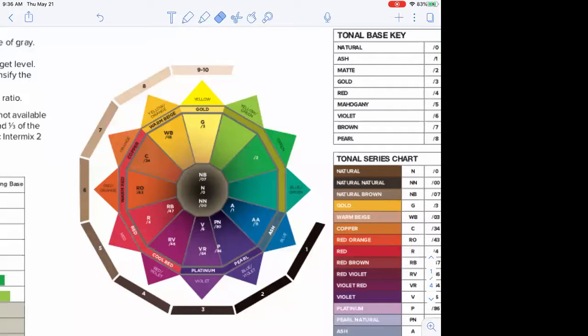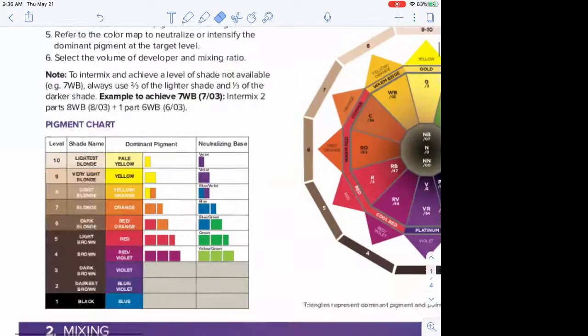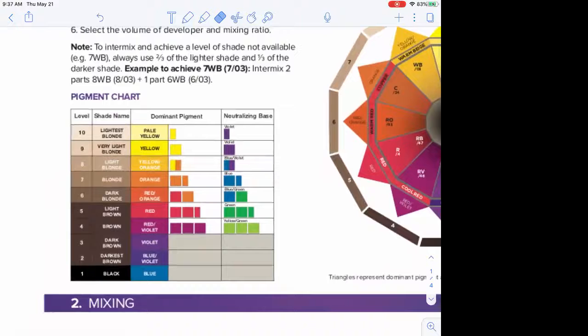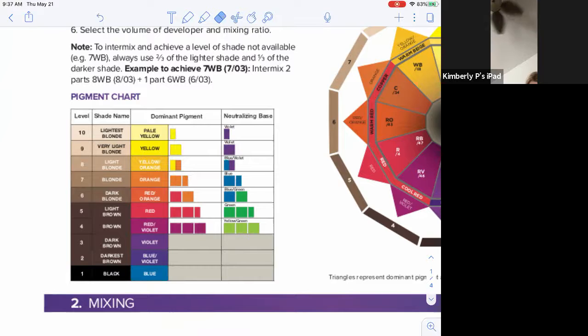Okay, so anyway, this pigment chart thing is your best friend whenever you're looking at toner, if you're wanting to cancel out an unwanted dominant pigment. Okay, Miss Teresa, when they took me up to like a level 9 and then they put like a PN on my hair, it turned it like a silver.